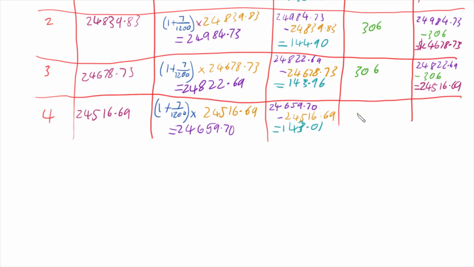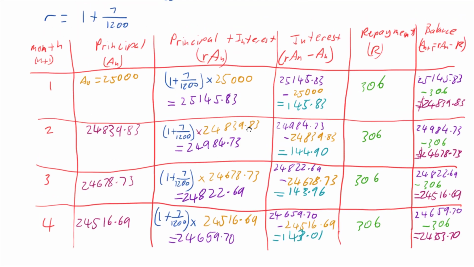So now we have a repayment made of $306, so we minus that off from our principal plus our interest, and so we finish our 4th month up with still owing $24,353.70. So there we are done.